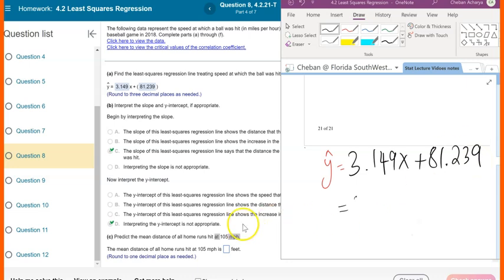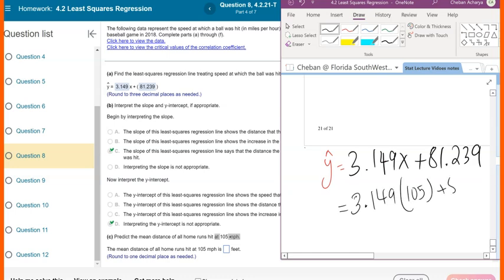Now you put x equals 105 because that's the speed, and let's see what you get for y hat. 3.149 times 105 plus 81.239. Use a calculator to find the value of this expression.